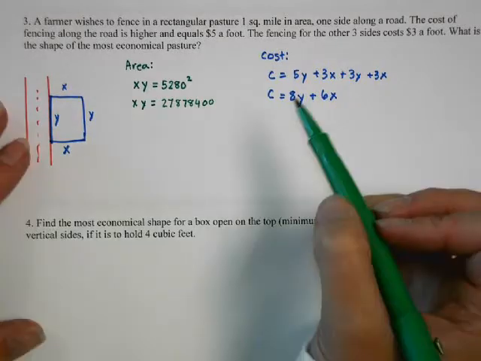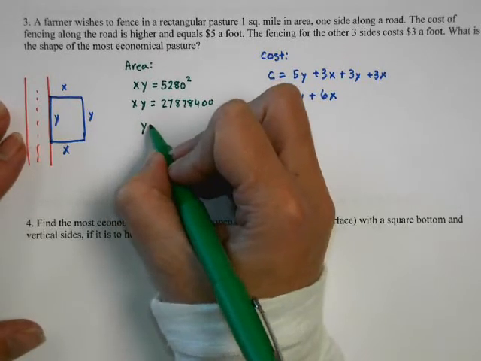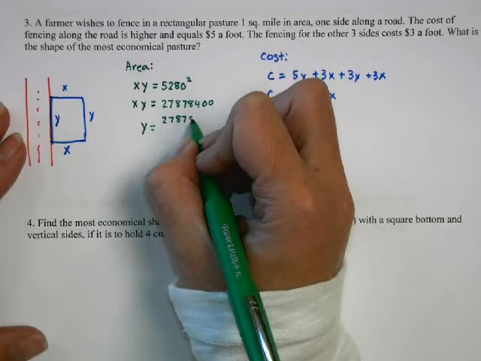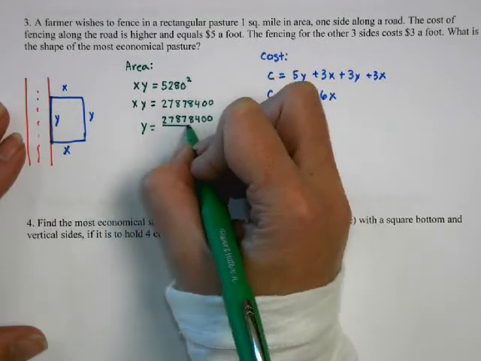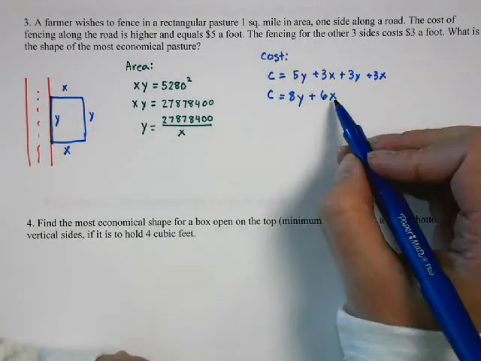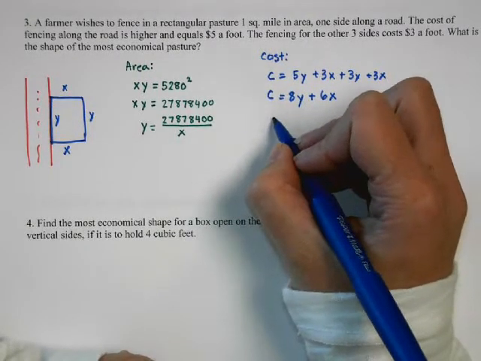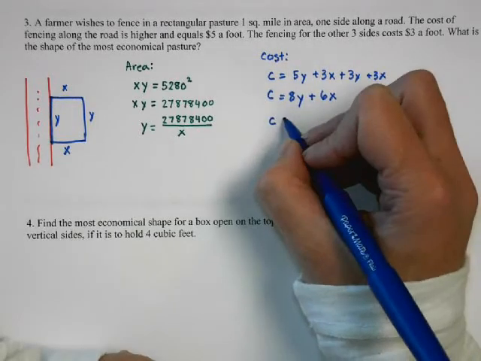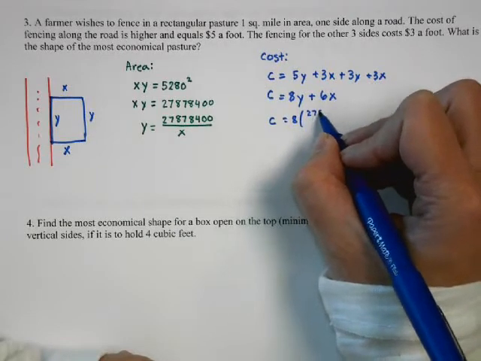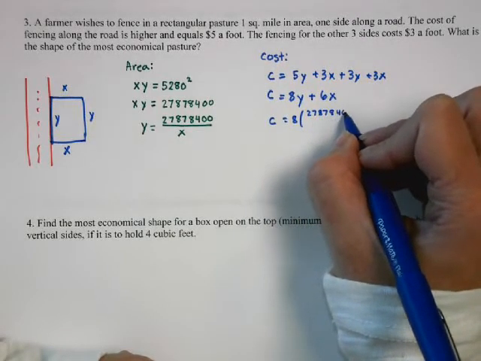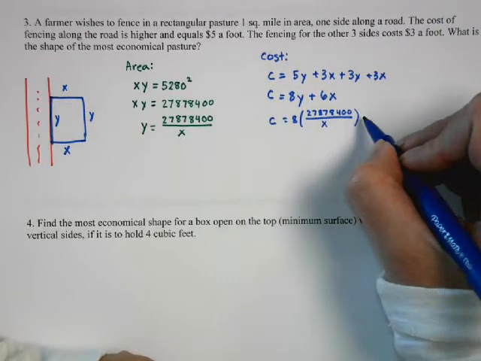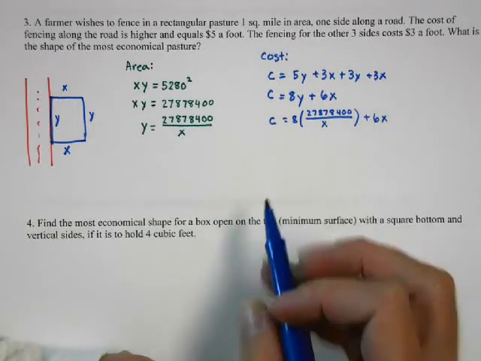So that's the equation that I am trying to optimize, but we need to get it in terms of one variable. So we're going to come back over here. I'm going to solve for y again. This time we're going to do that by dividing. So I'll replace that into this y. So we're going to have 8 times that whole thing, and I'll do one simplifying.